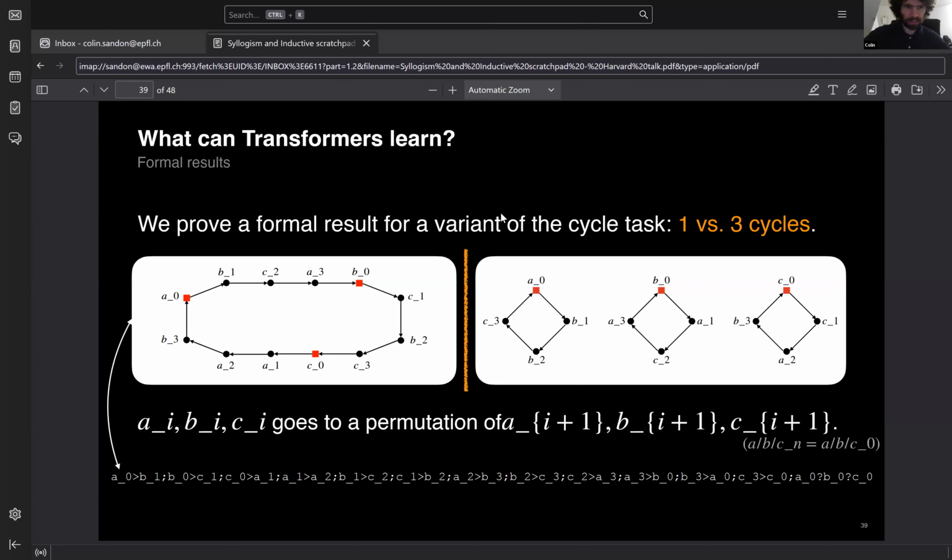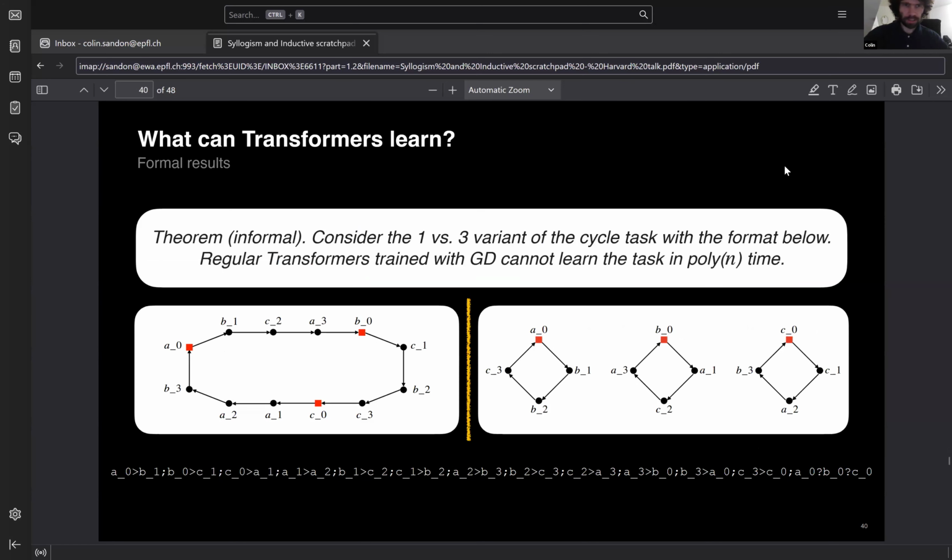Then we provide the net the details on what vertex each other vertex's edge goes to, and ask it to figure out if there are 3 cycles or 1. In this case, we actually can prove that a regular transformer trained with gradient descent cannot learn this task in polynomial time.